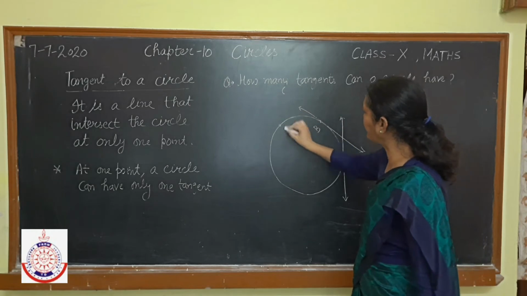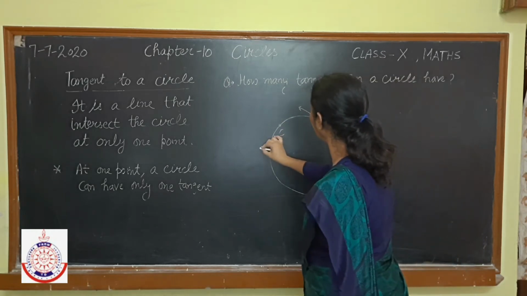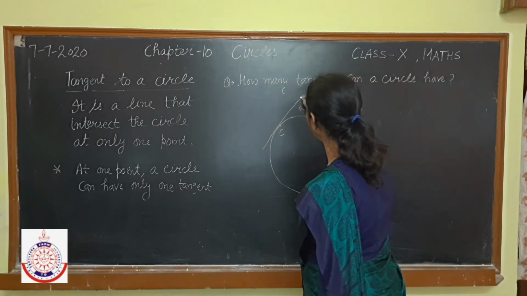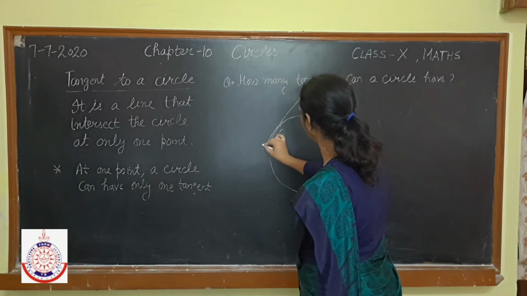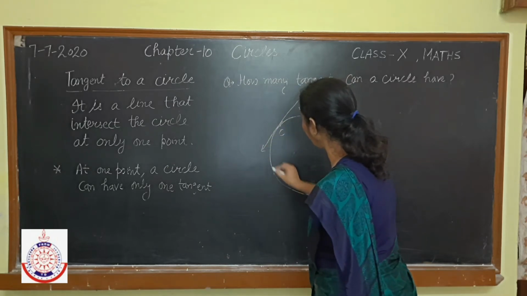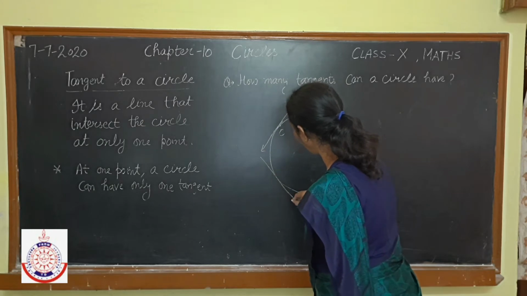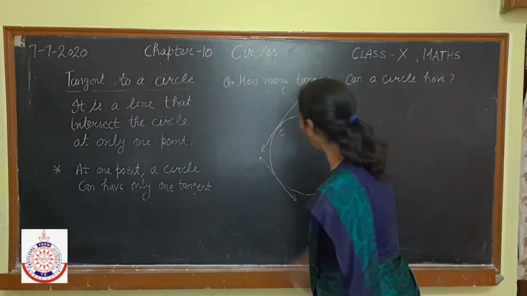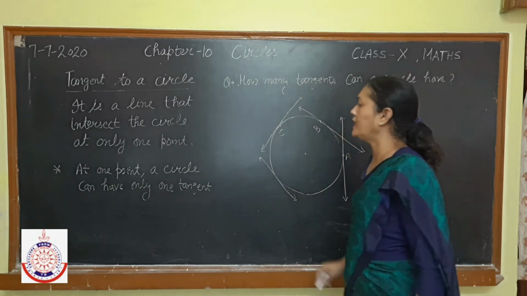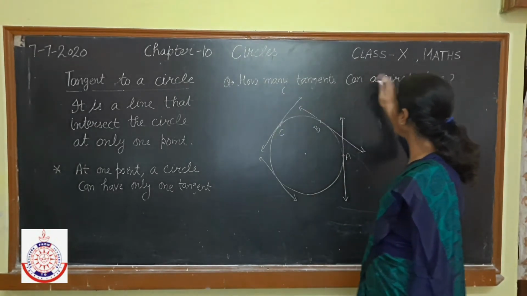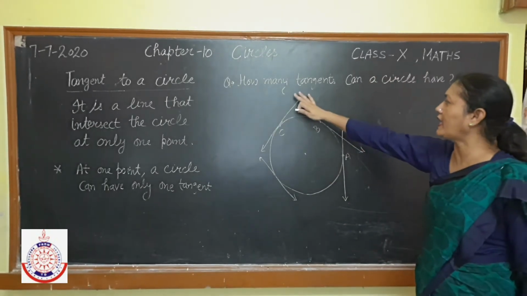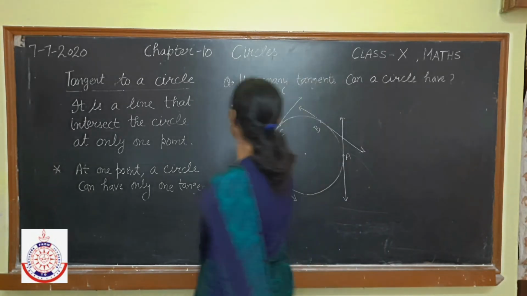Take one more point. One more tangent can be drawn. Another point. One more tangent can be drawn. So ultimately what comes to us is that for a particular circle, we can have an infinite number of tangents.